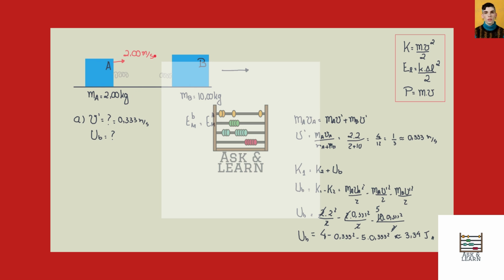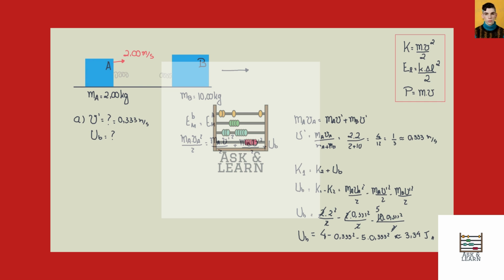When only block A is moving to the right, all the energy is actually kinetic energy of block A. So before, we only have the kinetic energy of block A, which is given by mA times vA squared divided by 2. And after, what we have is 2 blocks that are moving. So we have the kinetic energy of block A, mA times v prime squared divided by 2. We have the kinetic energy of block B, mB times v prime squared divided by 2. And we also have the potential energy stored in the bumpers, UB.